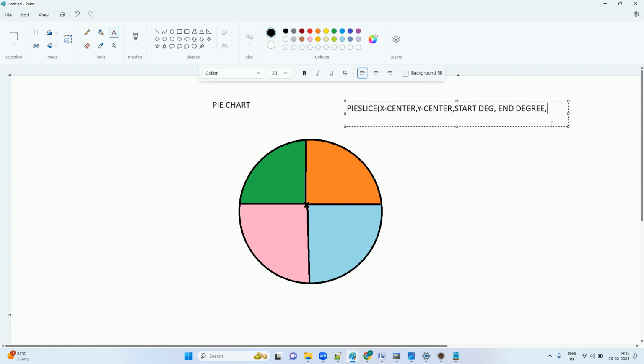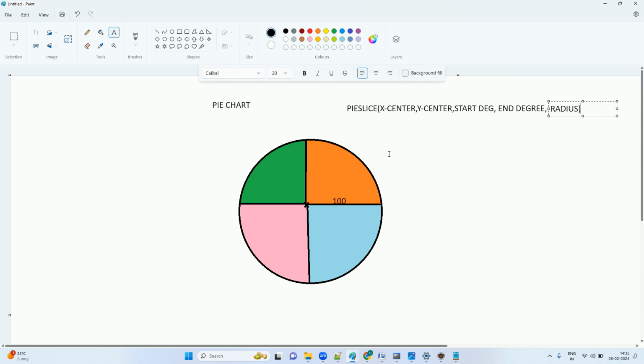If this distance is 100, the radius is the same everywhere. So the radius for the orange slice is 100, and the same for the green and pink slices. This becomes a constant, so it should be 100.